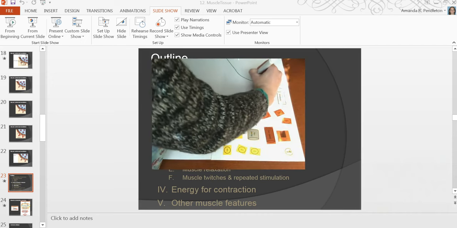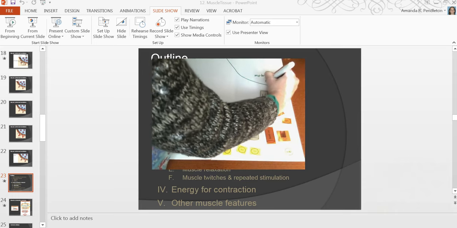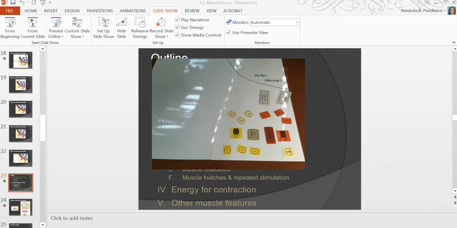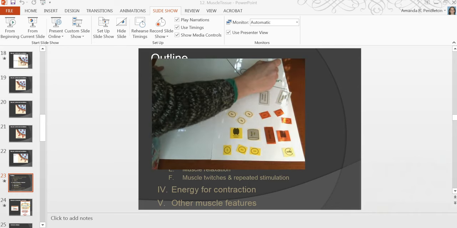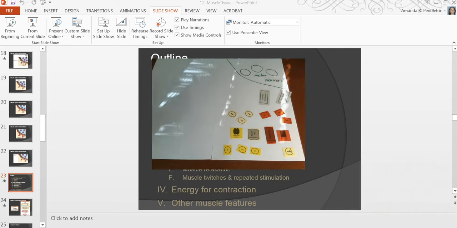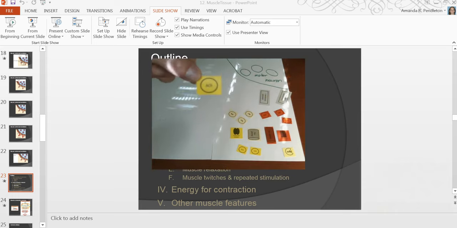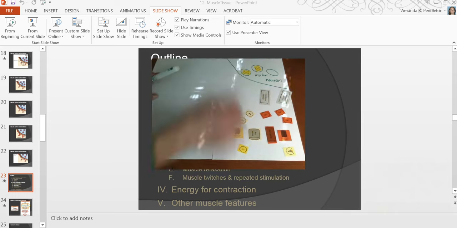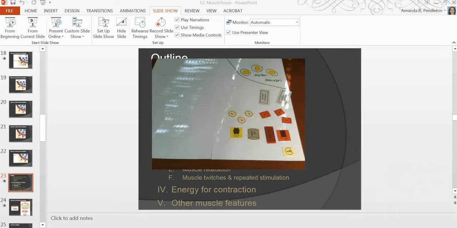This right here is our motor neuron, and our motor neuron is going to be filled with vesicles. That's what we're drawing here. And those vesicles have our neurotransmitter, acetylcholine, in them. So we're going to place acetylcholine in our vesicles. Again, this is before contraction has occurred.